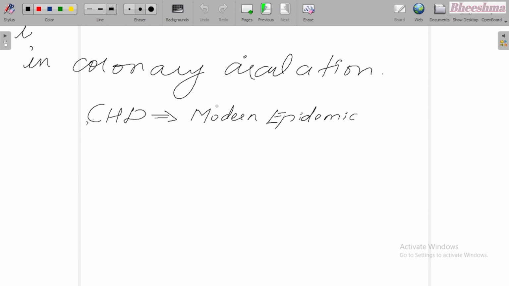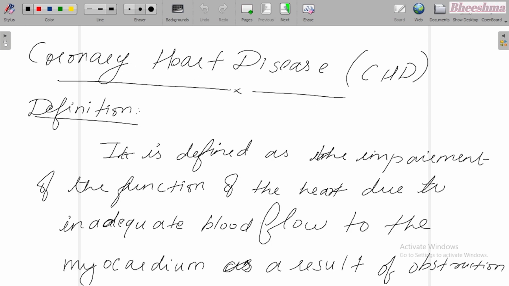Here the main important point is inadequate blood flow to the myocardium. That is very, very important.